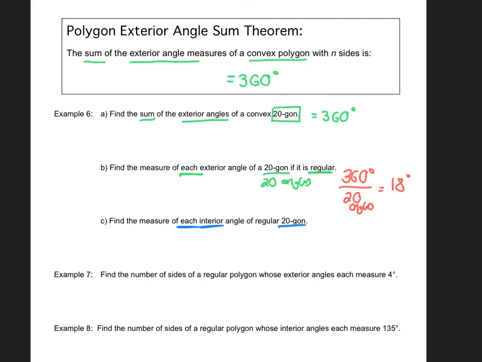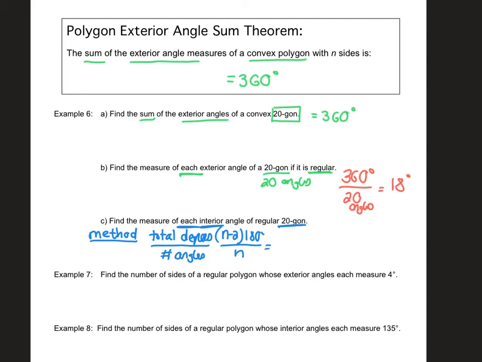There are actually two methods we could use to find this one. Method one would be going back to what we did previously in our lesson, which was that we should find the total degrees in the polygon, and we can find that by doing n minus 2 times 180. And then we're going to divide by the number of angles because, again, if it's regular, all angles are the same. So we're going to actually divide by n, the number of sides or the number of angles.